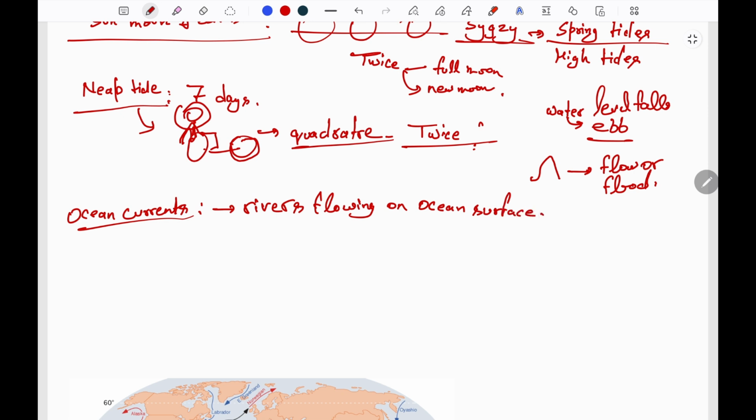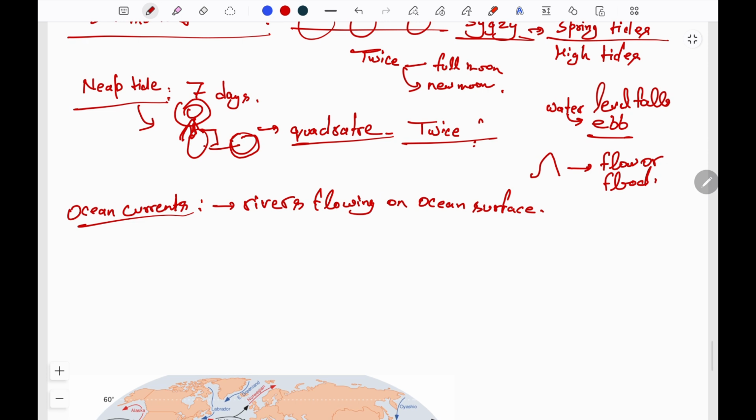They help us to maintain the temperature of the ocean surface and also maintain the temperature distribution across various regions of the oceans. So if the ocean current is moving from a warm area to a colder region, then it will be known as a warm ocean current. And if it is moving from a cold area to a hot area, it is known as a cold ocean current.